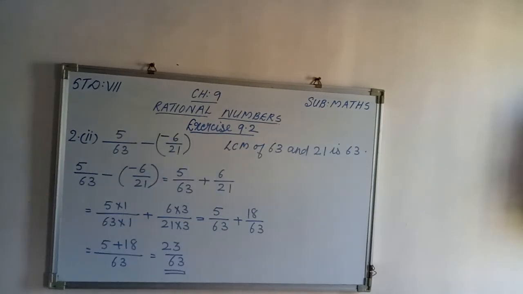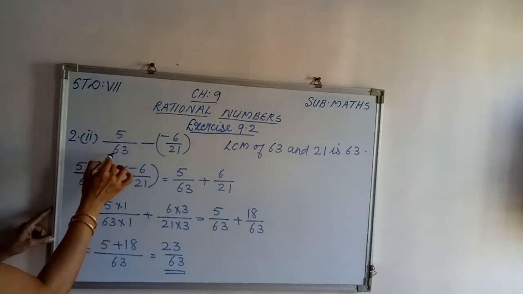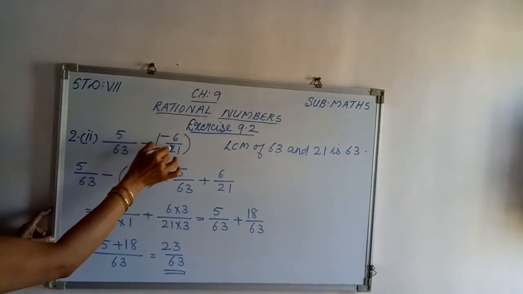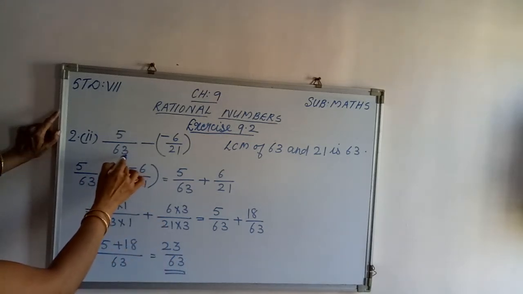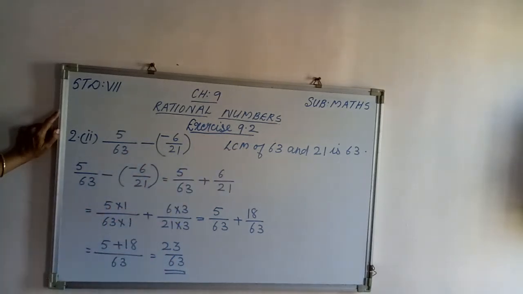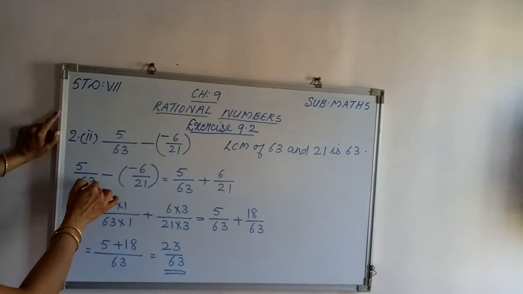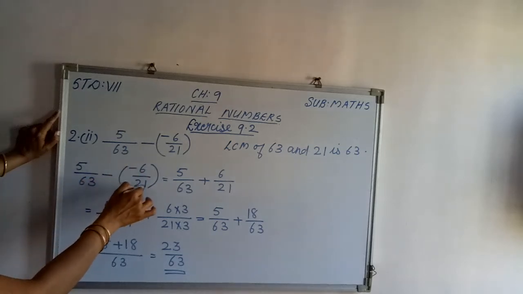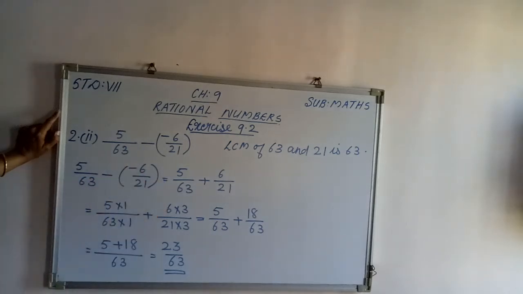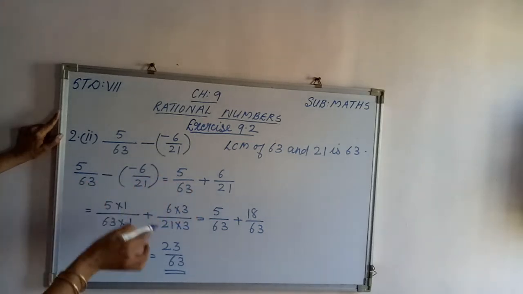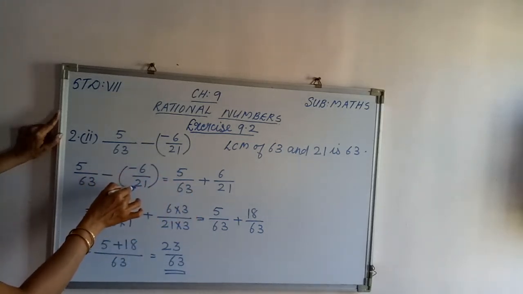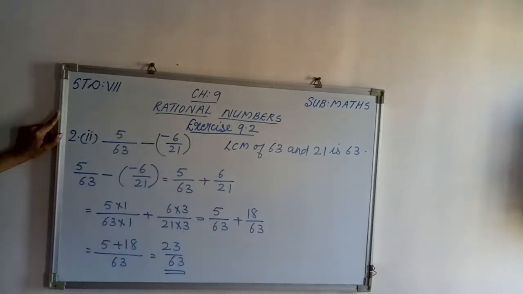See the second question. 5 upon 63 minus 6 upon 21. LCM of 63 and 21 is 63 because 63 is the multiple of 21. So 63 will be the LCM. Now 5 upon 63 minus 6 upon 21 is equal to, you have to add the additive inverse. So 5 upon 63 plus additive inverse of minus 6 upon 21 is plus 6 upon 21.